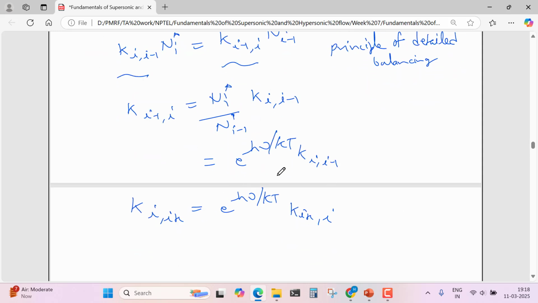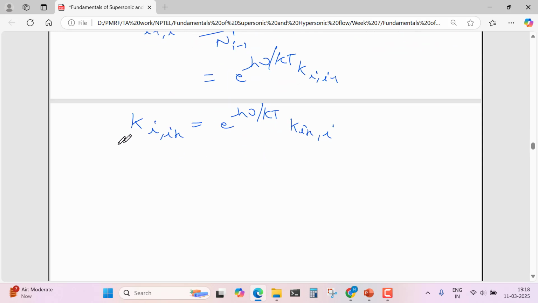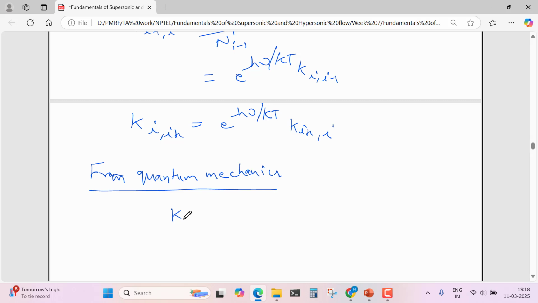We got these two relations, and from quantum mechanics there is also one relation which says that all rate constants for the higher energy levels can be written in terms of the transition from i equal to 1 to 0.